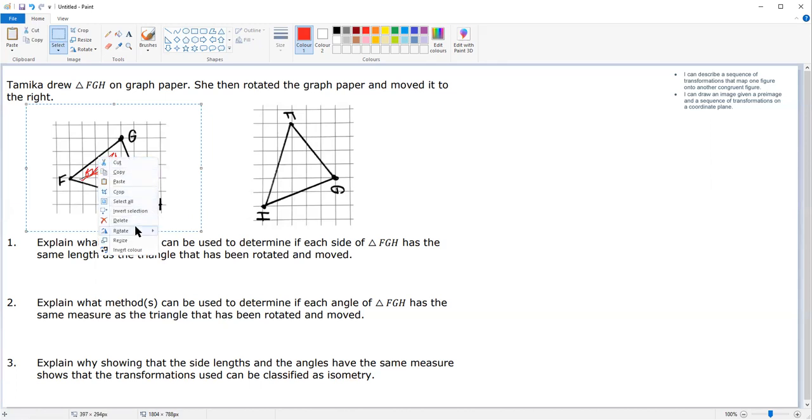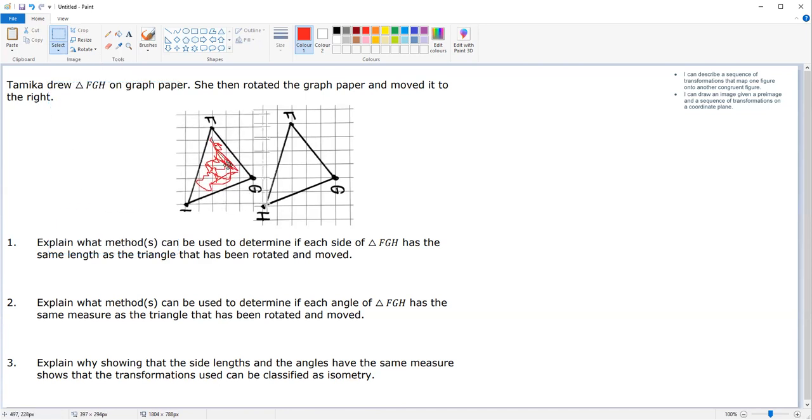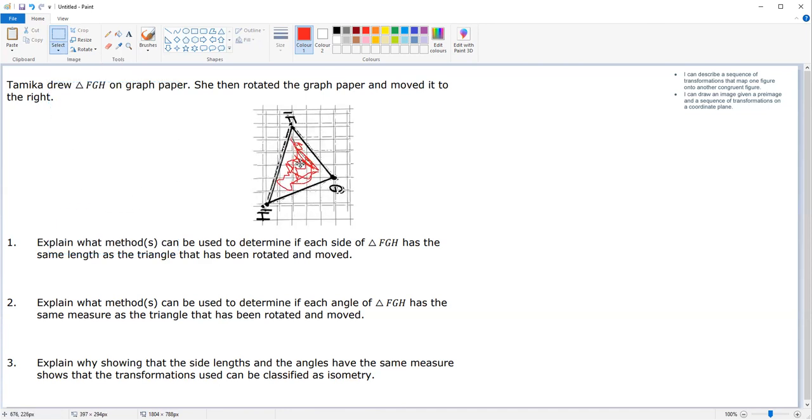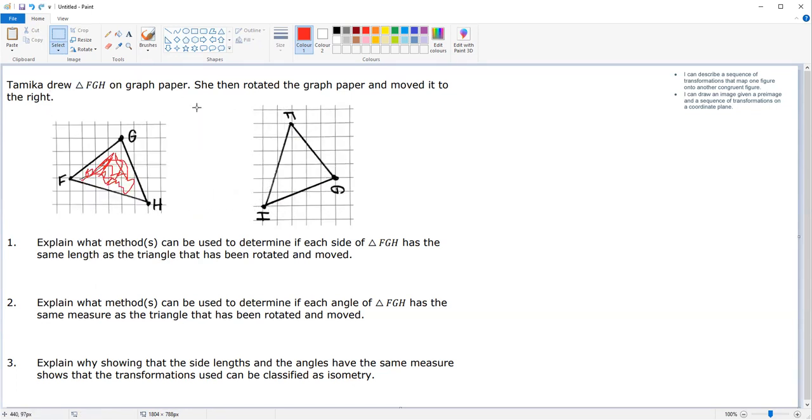She rotated it clockwise like that. Make this transparent. All right, she rotated clockwise like that, and then she moved it over. That's literally what she did, right? So, of course, they're going to be the same measure for each side. So that's what she can do. She can do what I just told you.